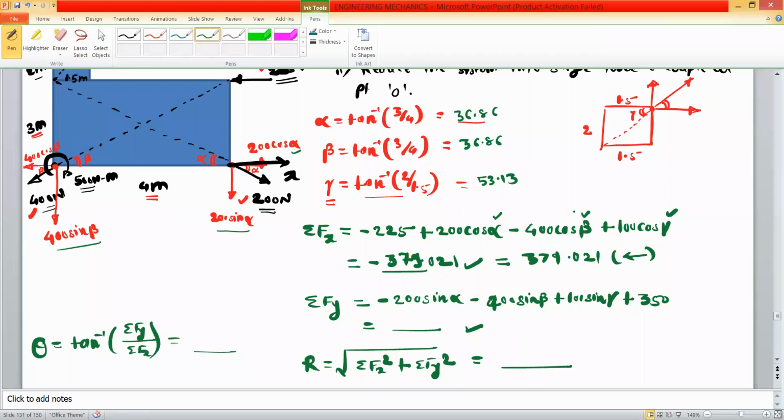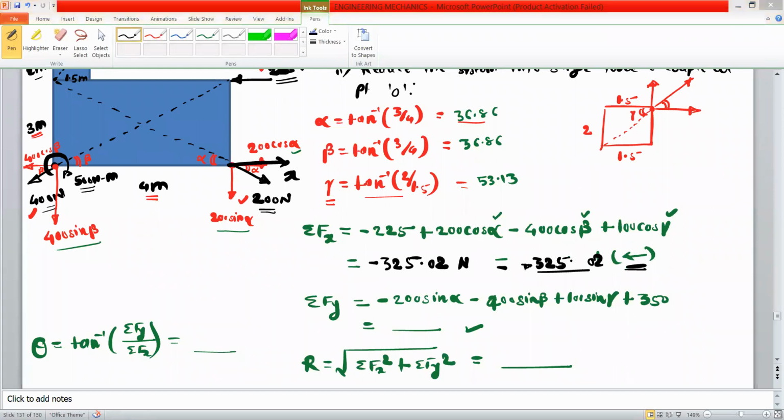Okay, so answer for summation fx is minus 379.021, that is 379.021 in the negative x direction. Okay, so check this answer. So summation fx is minus 325.02 Newton and 325.02 Newton in the negative x direction.